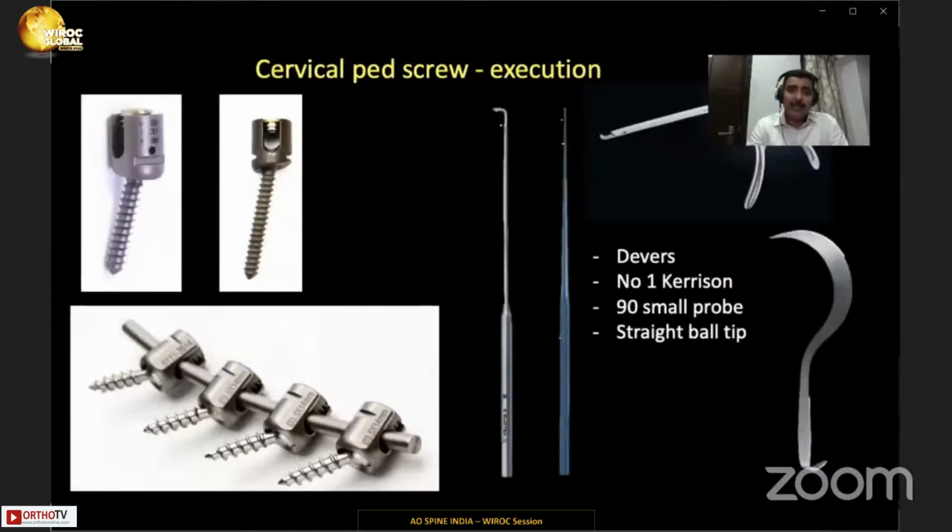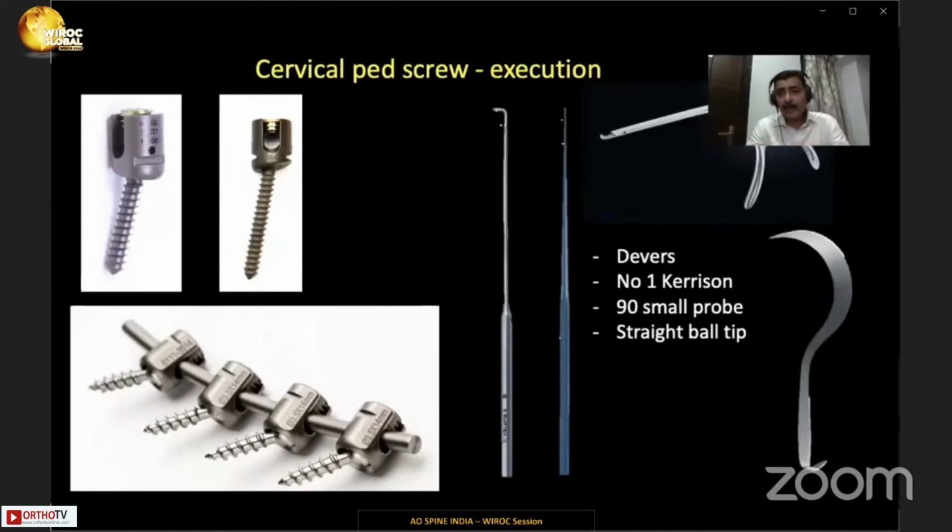Regarding the execution, it's not a bad idea to play with the implants that you're going to use, especially to make out what is the angulation between the tulip and the shaft of the screw. If it doesn't allow too much angulation, then you might struggle to put in the rod at the end of the surgery, especially if you're planning a junctional surgery, like C7 to D1, where you might struggle to connect the cervical pedicle screw to the D1 pedicle screw.